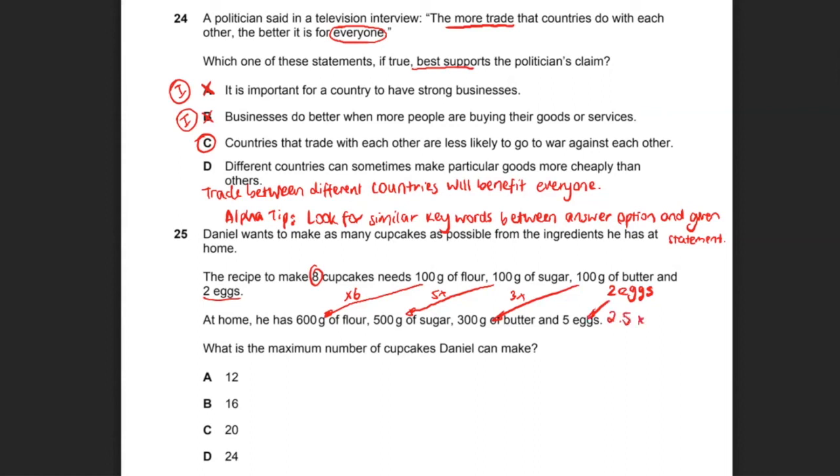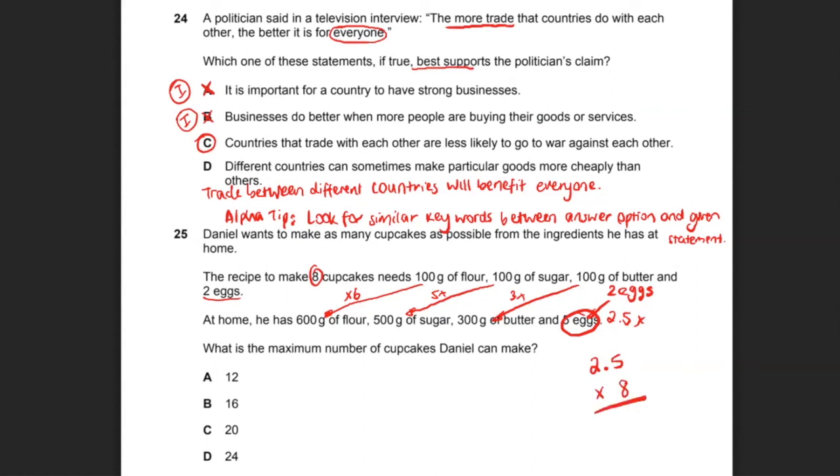Okay. So what's the rate limiting ingredient here? It's the eggs, right? He has enough of the other ingredients, but he will run out of eggs after 2.5 batches. So if each batch makes 8 cupcakes and you have 2.5 batches worth of ingredients, the amount of cupcakes you make is 2.5 lots of 8.